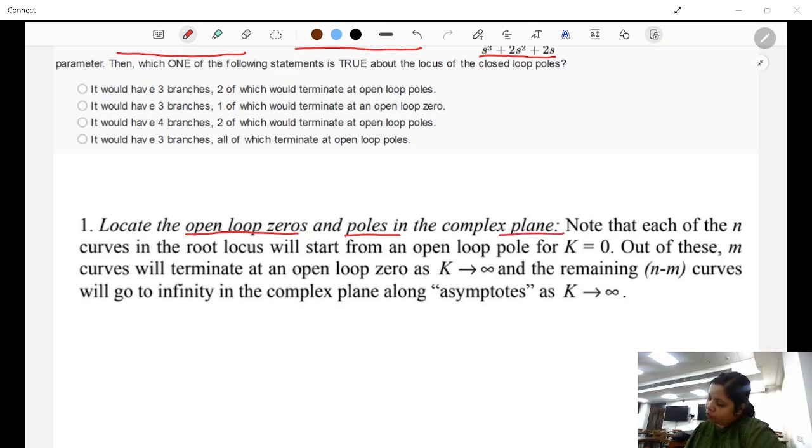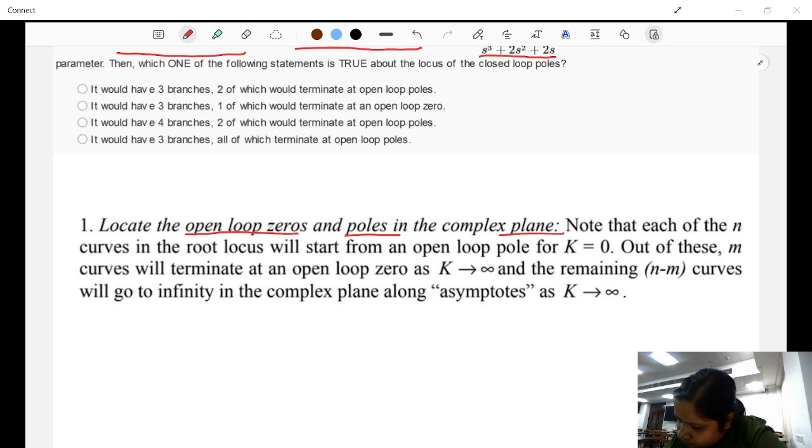All the branches have to start from open loop poles and terminate at open loop zeros. Now if the number of open loop poles is not equal to the number of open loop zeros, then the remaining curves would go to infinity along some asymptote. We'll see asymptotes later, but they would go to infinity. So let's start with this question, and we'll find the other things later.